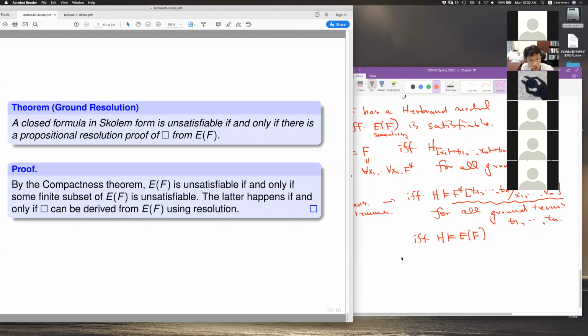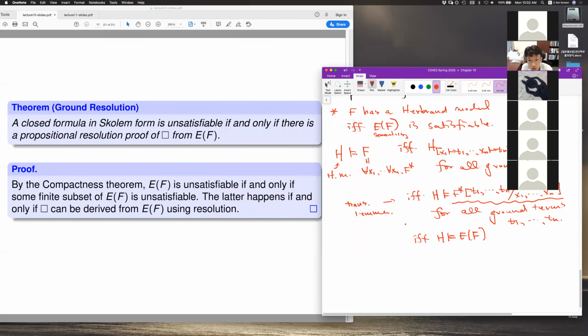So in this lecture, we covered the idea of a Herbrand model or Herbrand structure, and then the so-called Herbrand theorem, and then ground resolution.